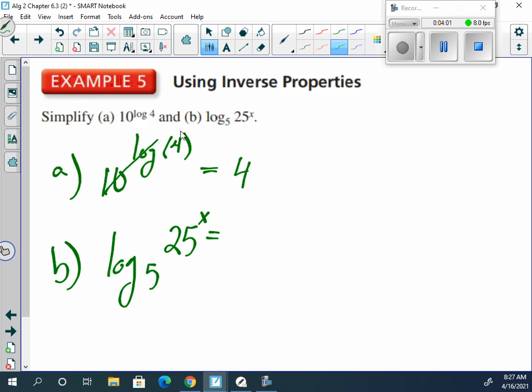Now this one here, we just can't say x because we have log base 5 of 25 to the x. Can I rewrite 25 as 5 to a power? It would be 5 squared, because 25 is the same as 5 squared, to the x.